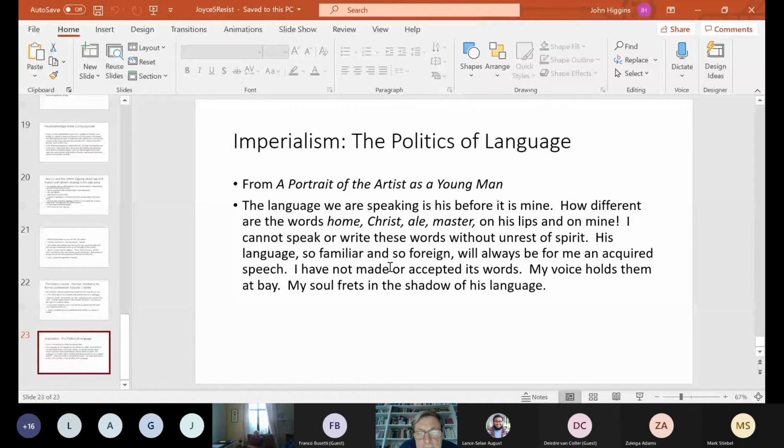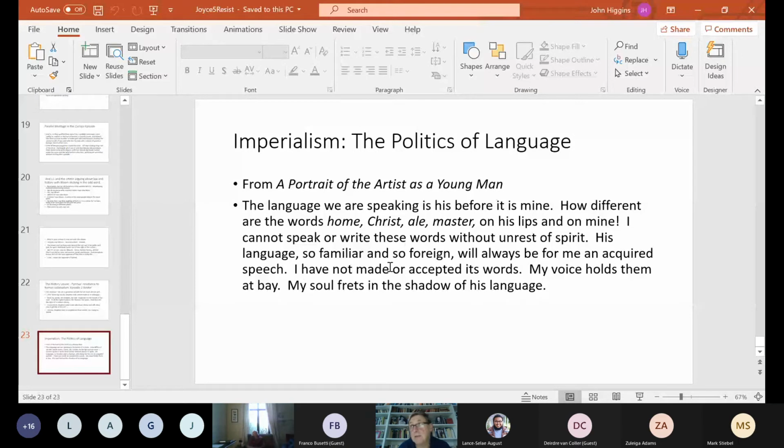How different are the words home, Christ, ale, master, on his lips and on mine. I cannot speak or write these words without unrest of spirit. His language, so familiar and so foreign, will always be for me an acquired speech. I have not made or accepted its words. My voice holds them at bay. My soul frets in the shadow of his language."